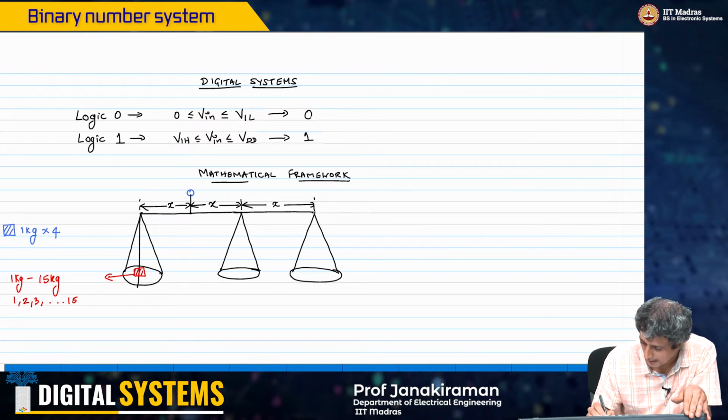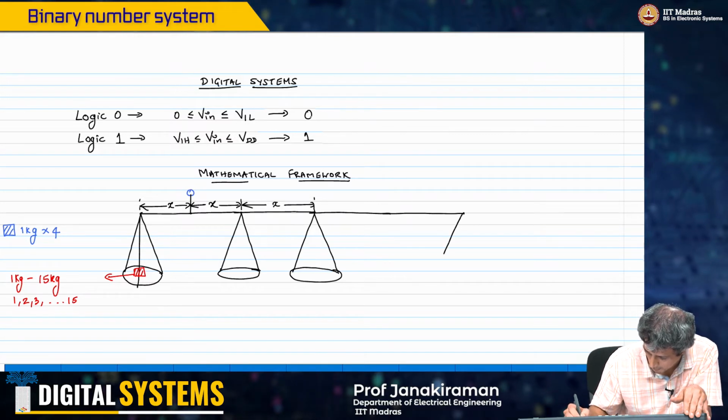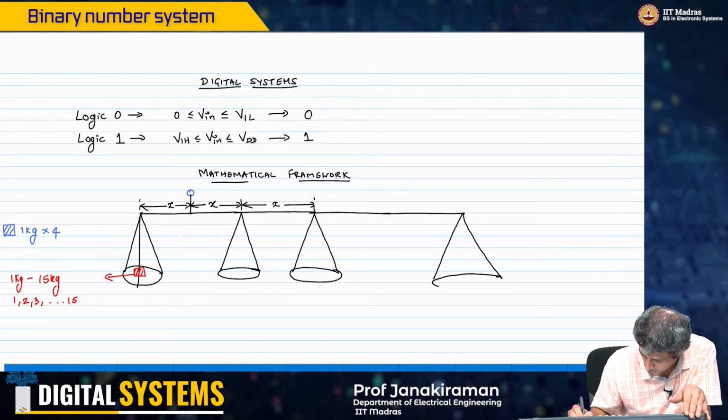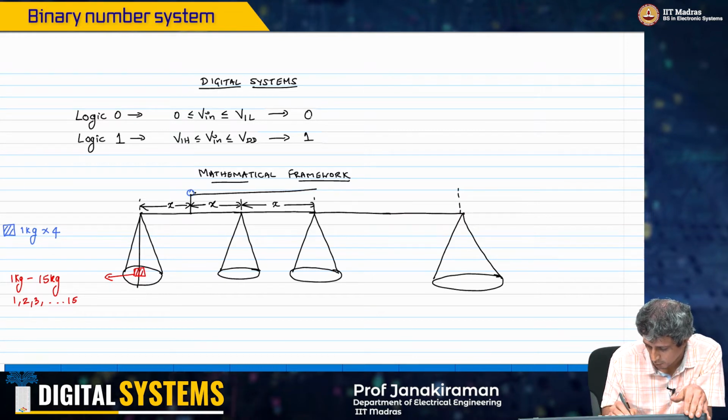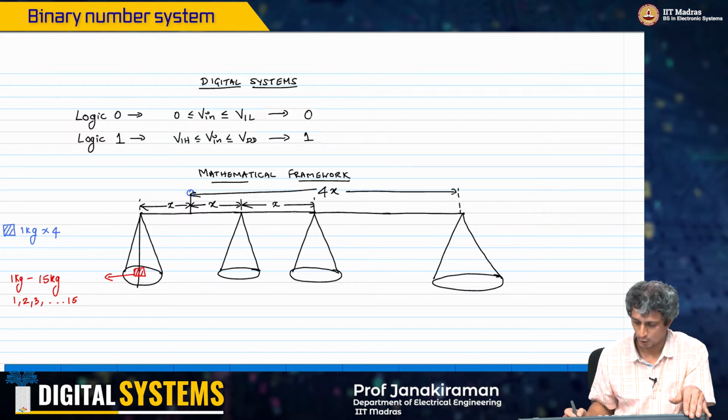Then I have another at 4x, okay, I need to have a balance like this which is going to sit here, and from the center this balance is going to be 4x, okay.